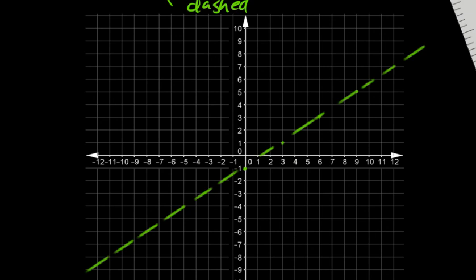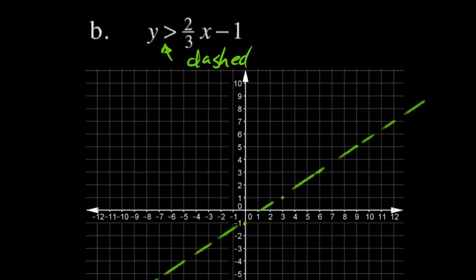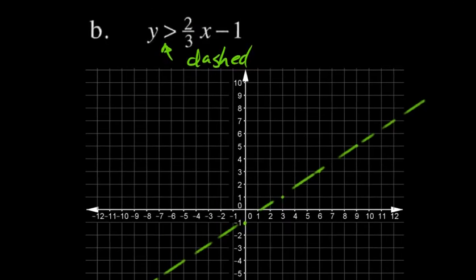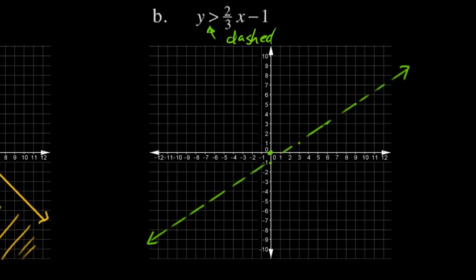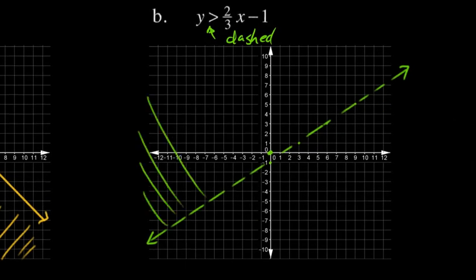We're talking about something being strictly greater than. And yes, 0, 0 is above the line, so I could test that, and I predict that 0, 0 should make it true, because that's a y value that is above the boundary. So 0 is greater than -1 is true. So my solution would be not the boundary line, but everything on the xy plane that lives above this boundary line.